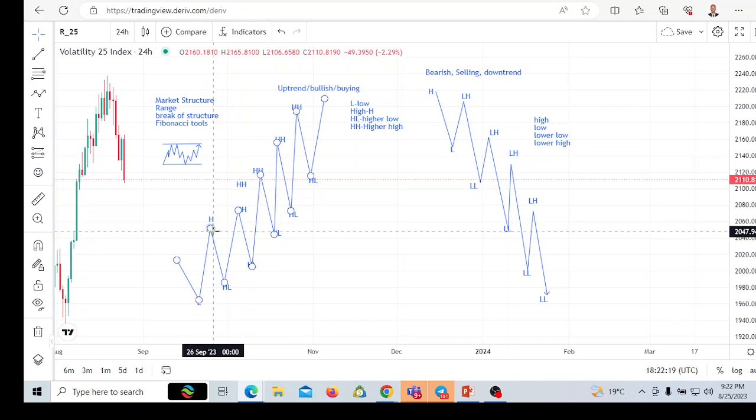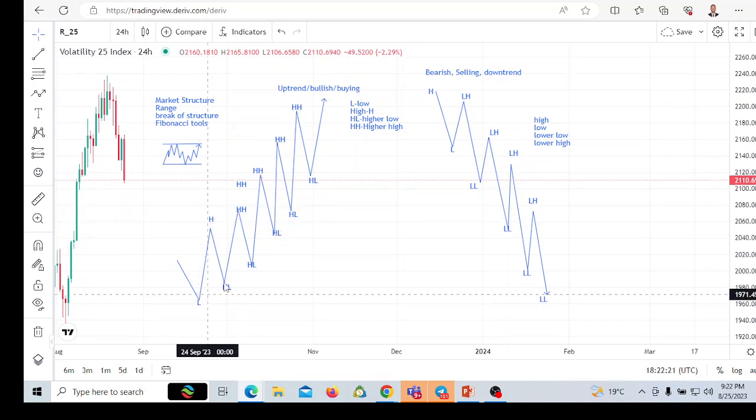If we buy from here and price comes back, we will have made 100 minus 50, which is 50.